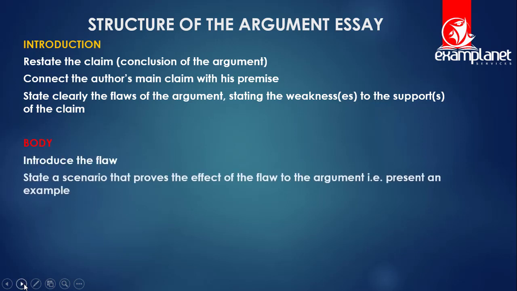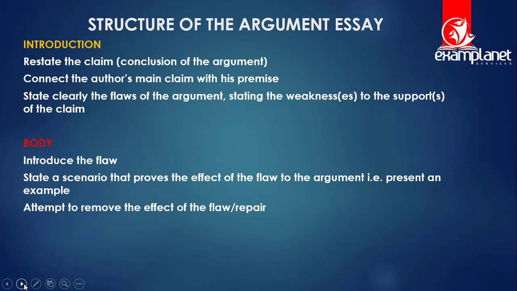So the body paragraph, just like what we had before: introduce the flaw, state a scenario that proves the effect of the flaw to the argument, present an example. Of course, examples are key in building up your essay based on the flaw that you have. You need to present an example, paint a picture, present your case. Then attempt to remove the effect of the flaw, or repair.